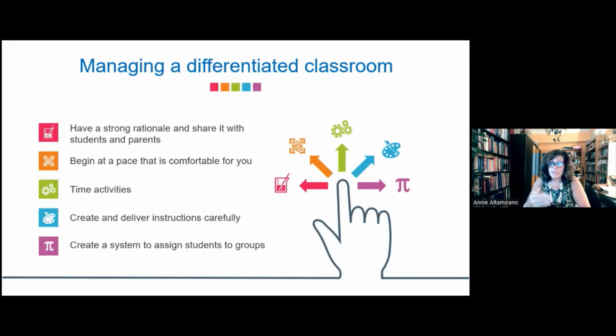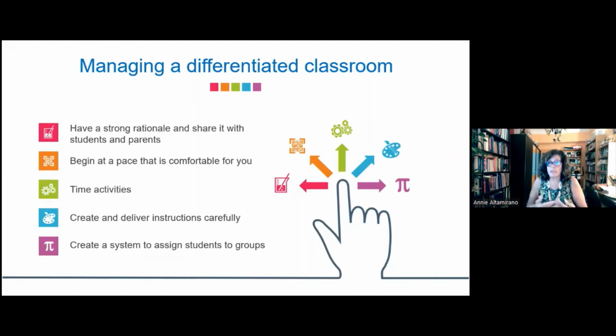Now, if you feel less confident, take small steps, one thing at a time. Select a few low preparation strategies and use them consistently throughout the year, and then choose one or two high preparation approaches per unit or per quarter and add them to your repertoire.